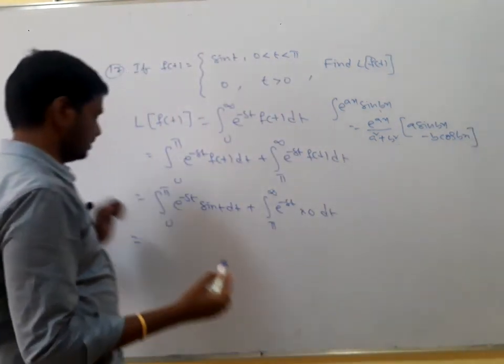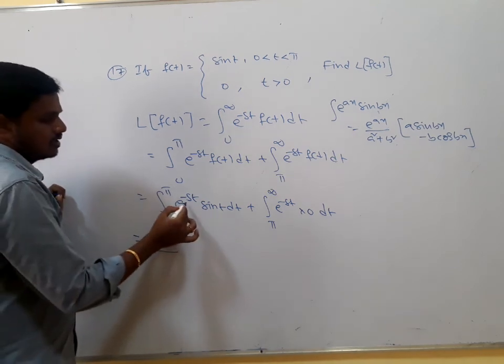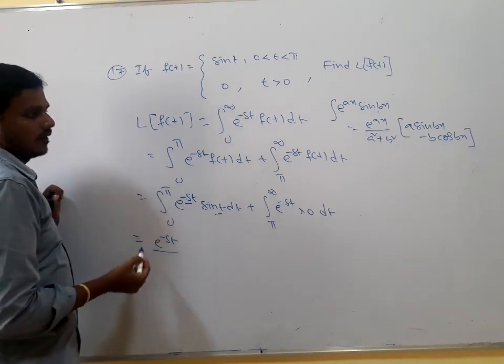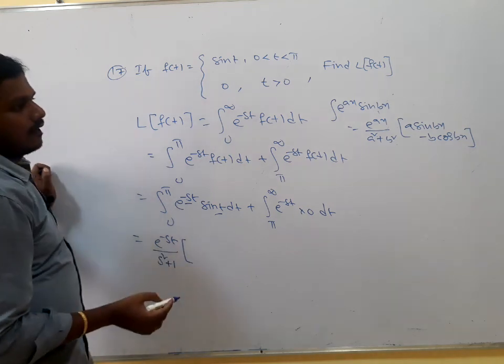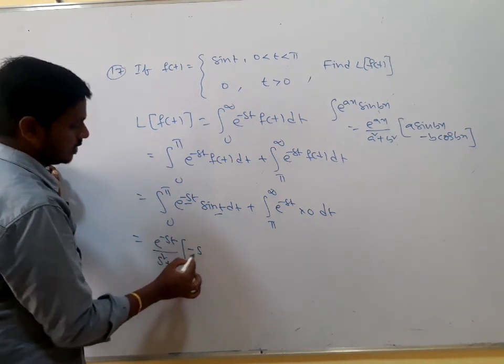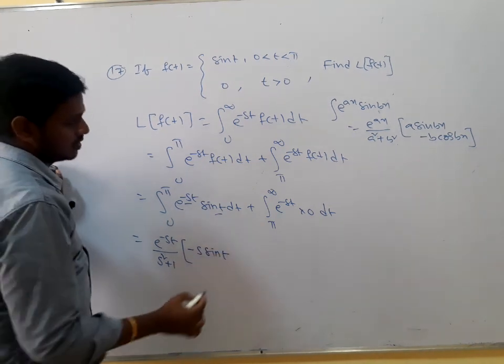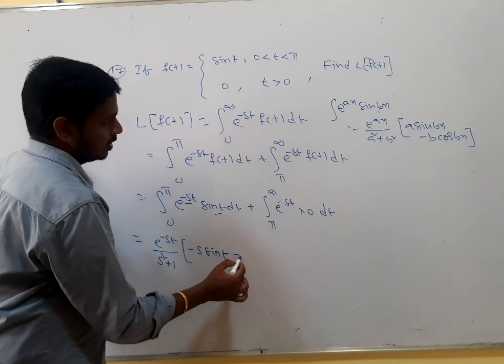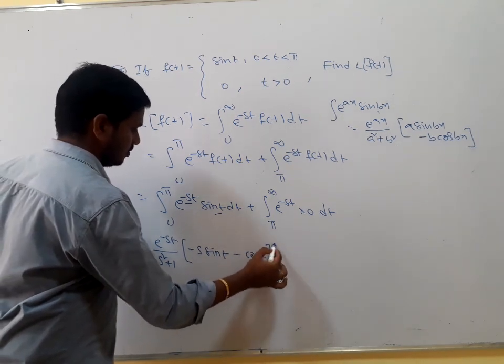Applying this, e to the power of minus st divided by s square plus 1, where a is equal to minus s and b is equal to 1, into minus s sin t minus 1 into cos t, where the limits are 0 to pi.